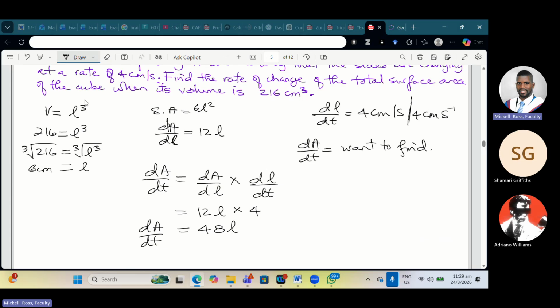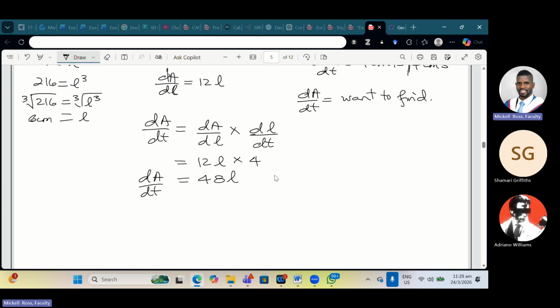So when the cube has a volume of 216, the length is going to be equal to 6 centimeters at that time. So when L is equal to 6, that means the change in the area with respect to time is going to be equal to 48 times 6, which is going to give us 288 centimeters cube per second.